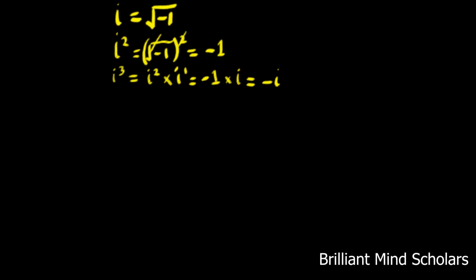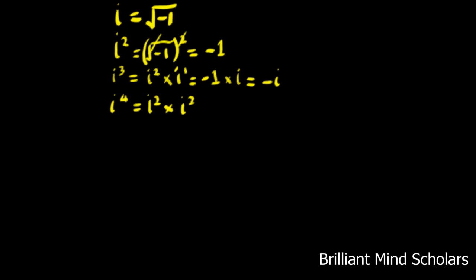Now suppose we are asked to find i raised to power 4. How do we evaluate this? We're still going to have to use the knowledge of indices to evaluate this. i raised to power 4 can also be rewritten as i raised to power 2 times i raised to power 2. How is this? Because 2 plus 2 as the power there would give us 4, right?